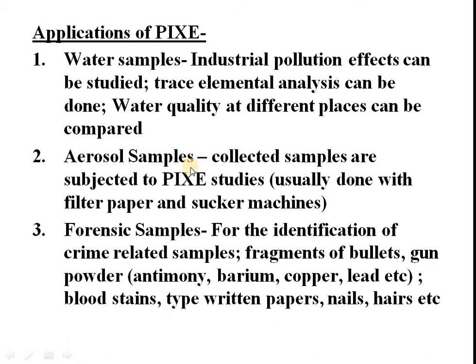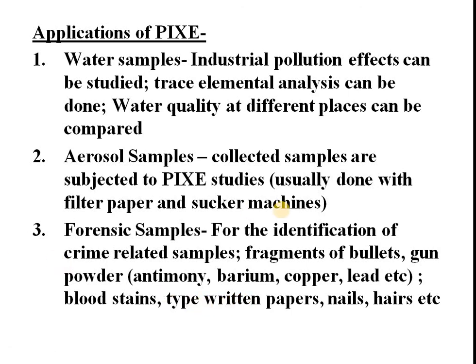Okay, and the forensic samples are also important for identification of crime-related samples. Fragments of bullets, gunpowder, antimony, barium, copper. These are all major content of gunpowder, or blood stains, and even hair samples. Okay. Human hair samples can be made use of.